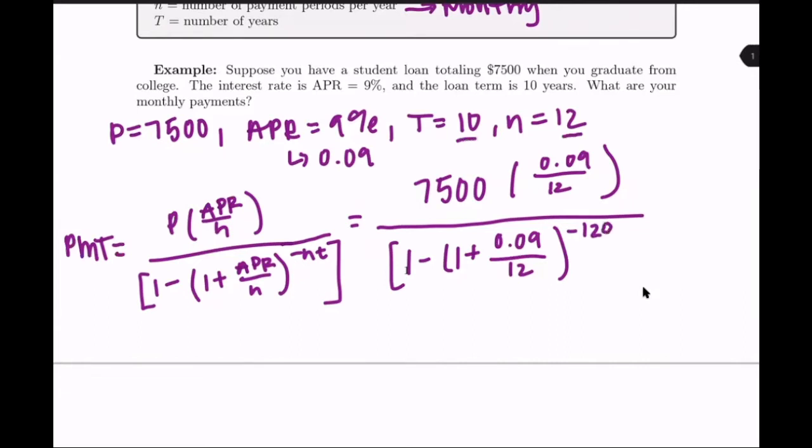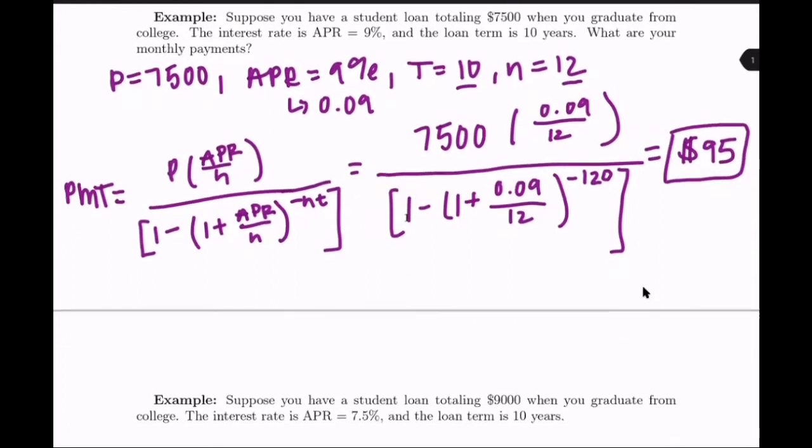So I'm just going to kind of make that into one step. And then you can put this into your calculator. You can break it down into steps, but you should be getting $95 once you put that into a calculator. So that is the first example for the loan payment.